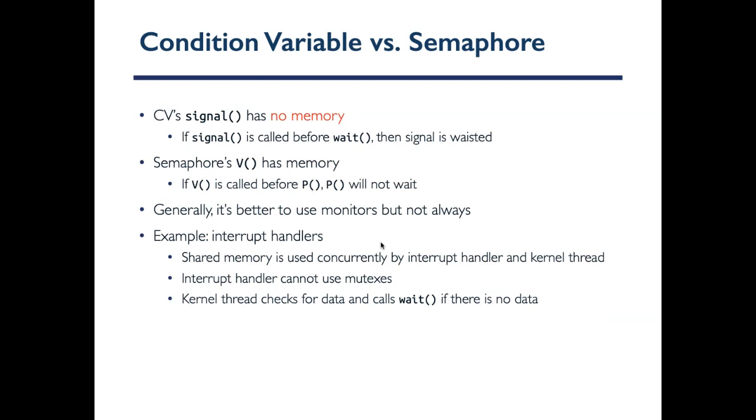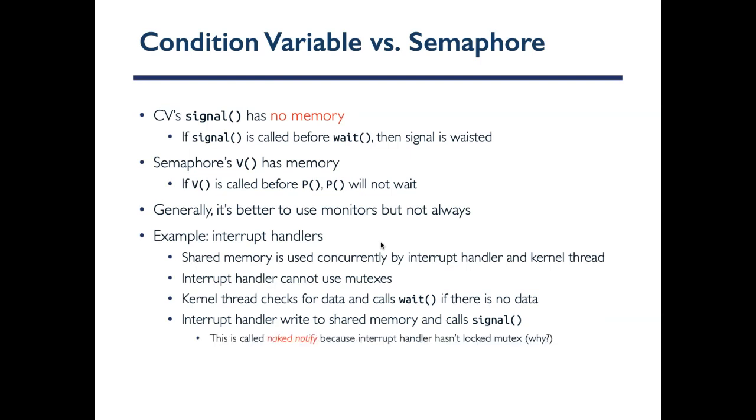Now, let's say the kernel thread checks for data and calls wait because there was no data there. If the interrupt handler writes to the shared memory and calls signal, then we might have a problem because the interrupt handler did this without holding the mutex. What that means is that this signal could be sent before the kernel thread is put to sleep and basically gets lost.